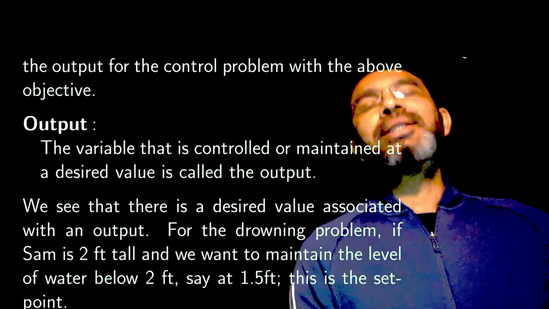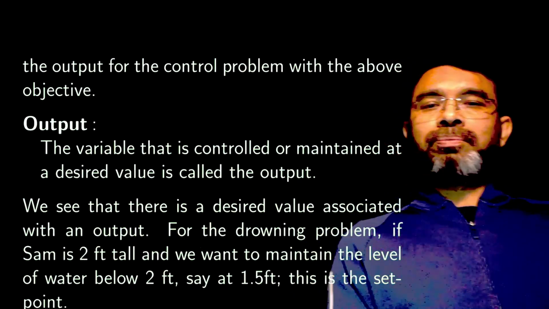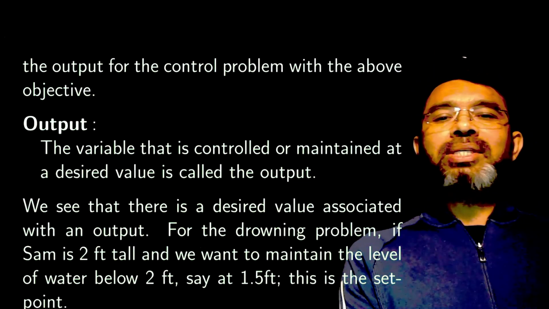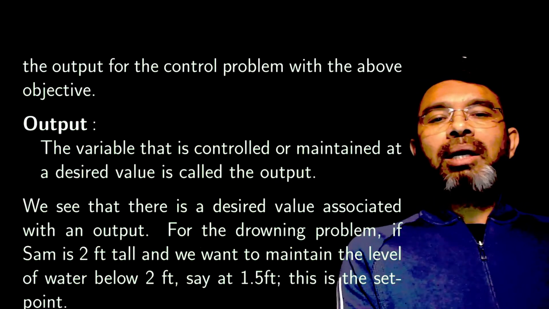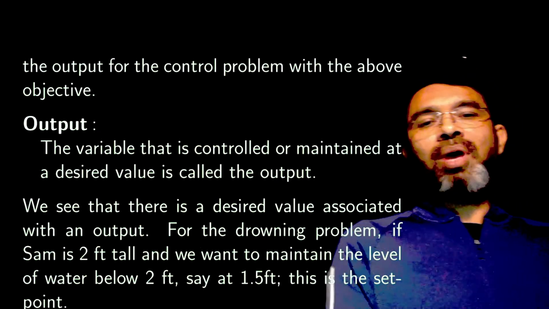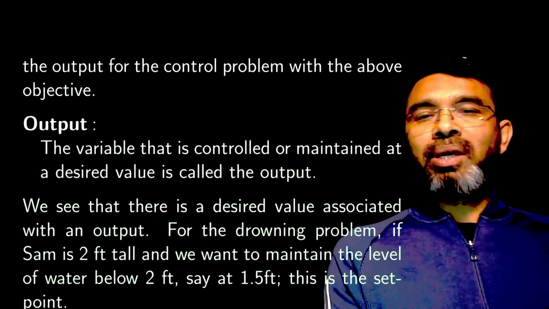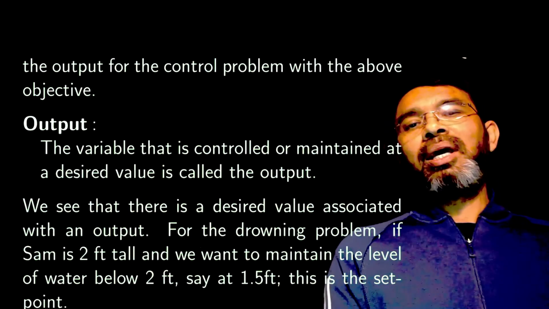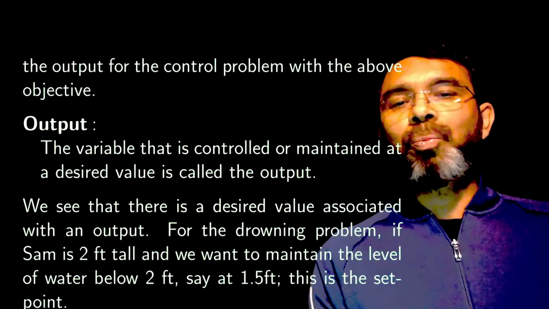So we now see that there is a desired value associated with the output. For the drowning problem, if Sam is say 2 feet tall, we want to maintain the level of water below 2 feet, say 1.5 feet. This is what is called the set point. So we have learned two things: what is the control objective, and the second terminology, what is an output.